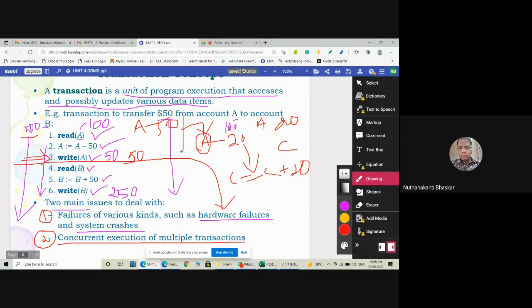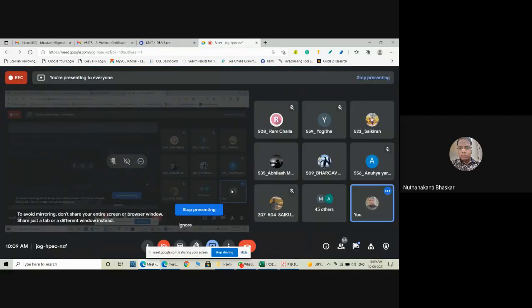Then the compiler or machine is going to be confused about which operation to perform first, A minus 20 or A minus 50. You can find the same mechanism in your operating system subject. I think you have one unit in operating systems that is a concurrency mechanism. It is there in your operating system also. Is it started?